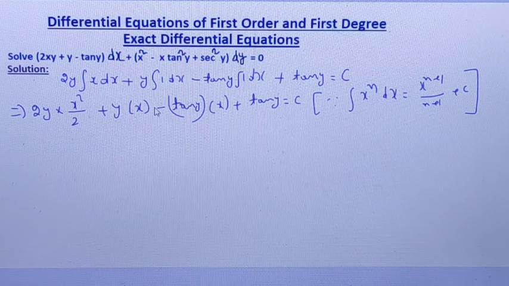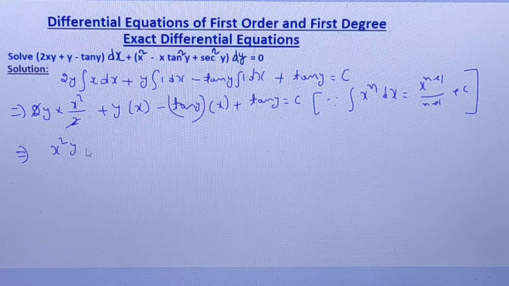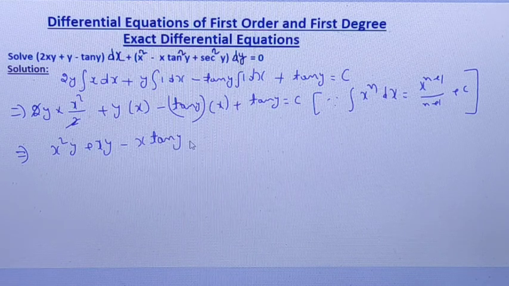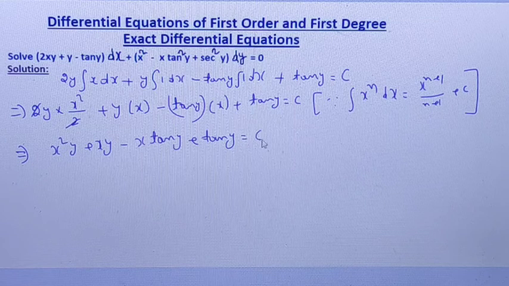The integral of 1 dx is x. This implies 2 gets cancelled. So this is x^2 y + xy - x tan y + tan y is equal to c.